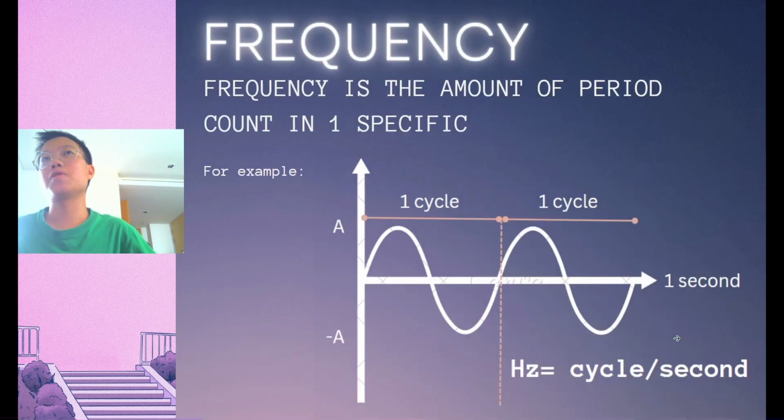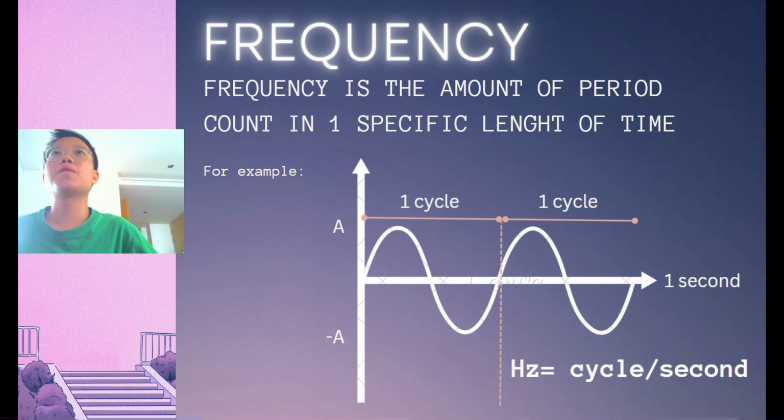Now we can take a look at frequency. Frequency is the number of periods or cycles counted in one specific length of time. For example, in this simple harmonic motion graph, we can see that there are 2 cycles in 1 second.